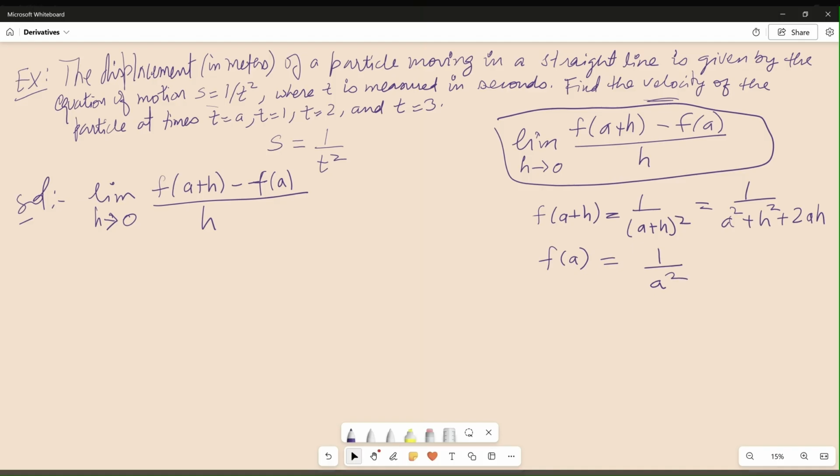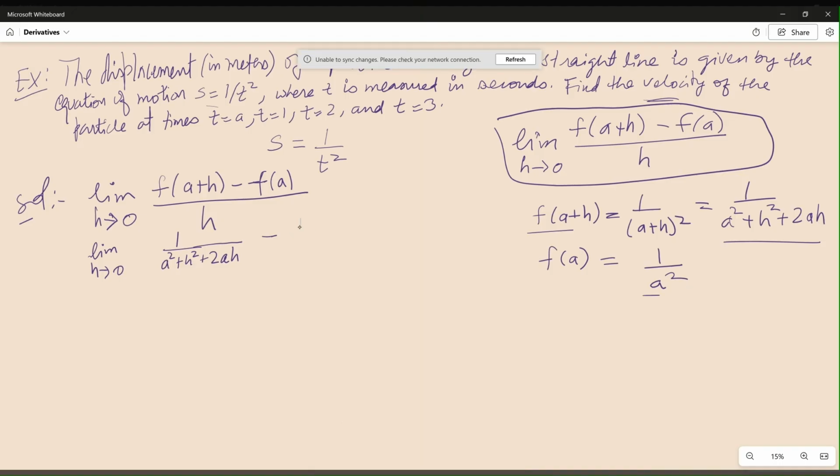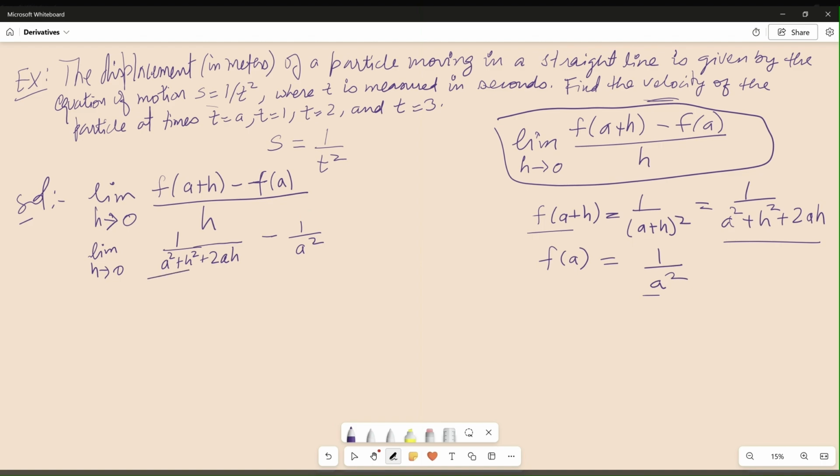So let's just plug into this. f of a plus h is this, minus f of a is this, divided by h.